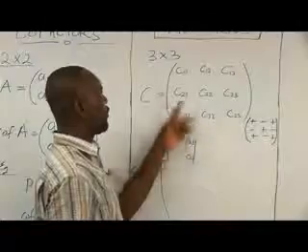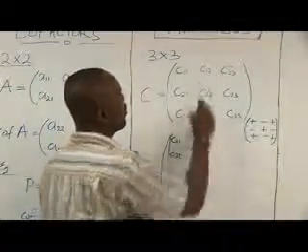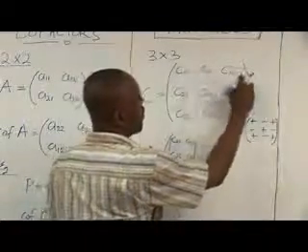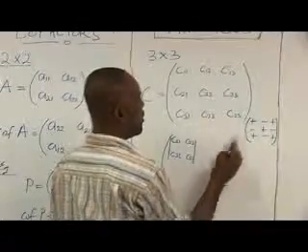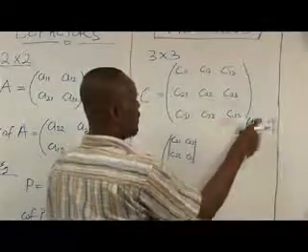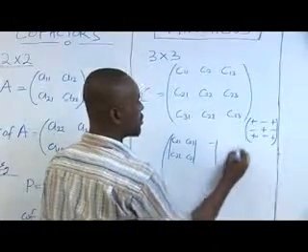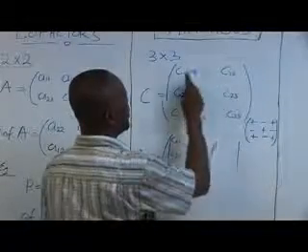How about for C12? So this is the minor for C11. C12, we rule out column 2 and row 1. We are left with 1, 2, 3, 4. Now take note of the minus there. So this will be minus there. What do we have?